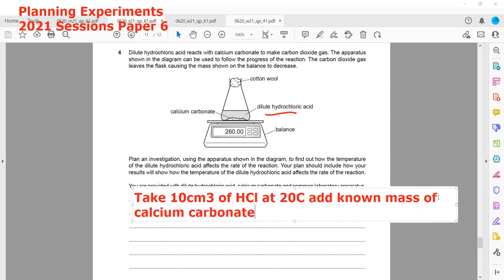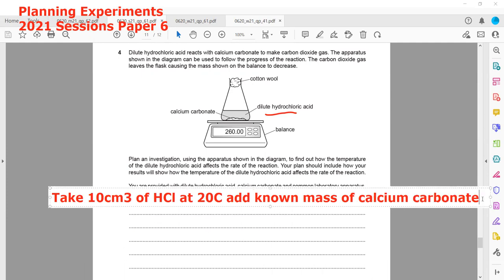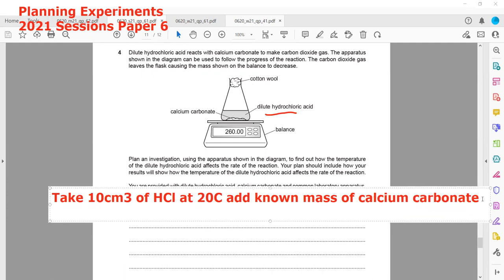After adding a known mass of calcium carbonate, we will measure the change in the mass, for example, in 3 minutes or 5 minutes. Measure the change in mass in 3 minutes.